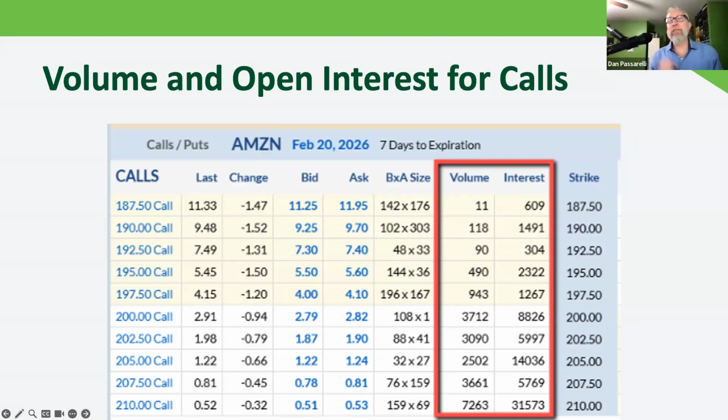Because if I did not have a position in them and I buy them from a market maker, if the market maker is long them and is selling them, that market maker is closing his or her position. And so if I'm opening a position and the market maker is closing them, the market maker is just flipping the contracts to me. That would not change open interest.